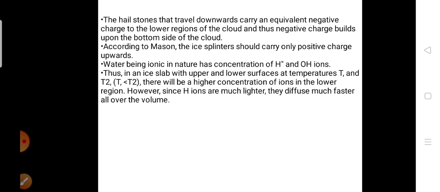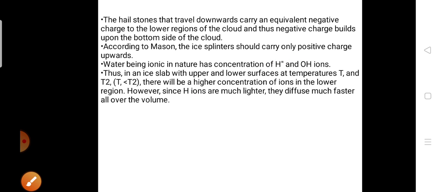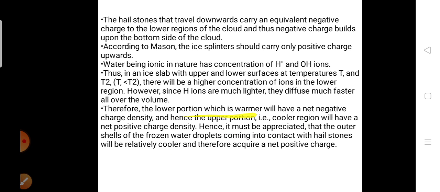However, since H plus ions are much lighter, they diffuse much faster all over the volume. Because of this, the lower portion, which is warmer, will have a net negative charge density, and hence the upper portion, the cooler region, will have a net positive charge density.